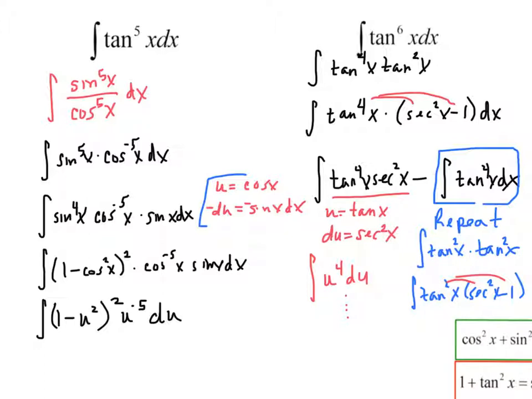So, the secants and tangents, if they're even powers, pull out a secant squared. If they're odd powers, pull out a secant and a tangent, and use those identities to help you. And again, for tangents alone, if tangent's odd, rewrite it with sines and cosines. If it's even, separate it, pull out a tangent squared.